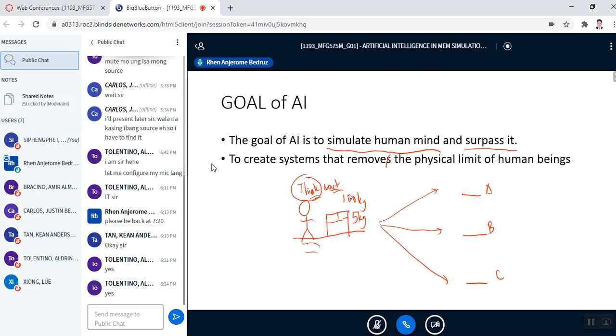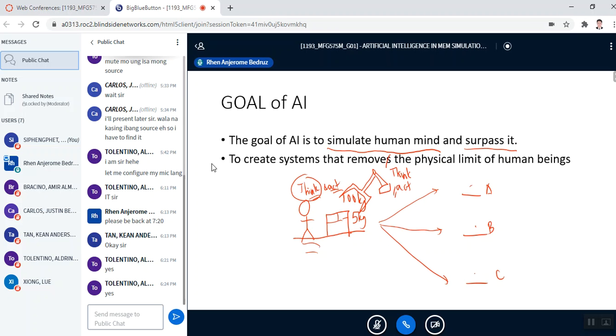So what we could do is create robotic arms. The manufacturing industry uses robotic arms to transfer containers or cargo from one point to another. But the problem is that a robotic arm has no capability to think.